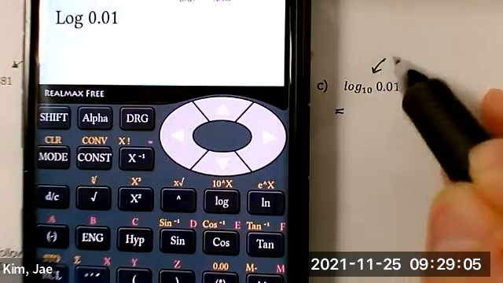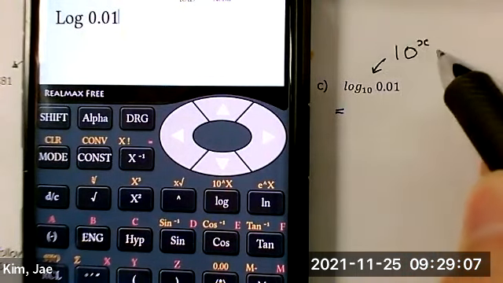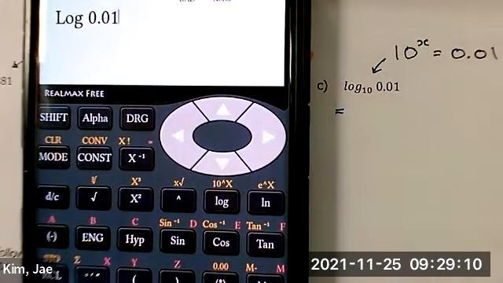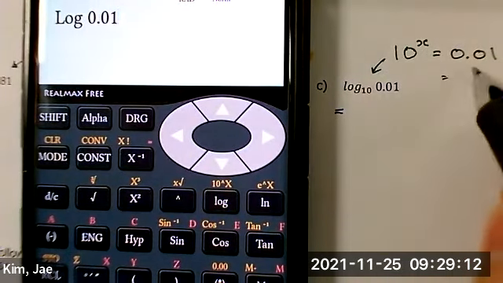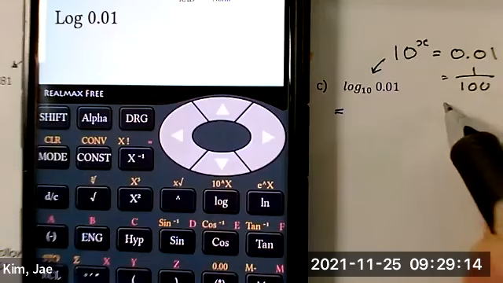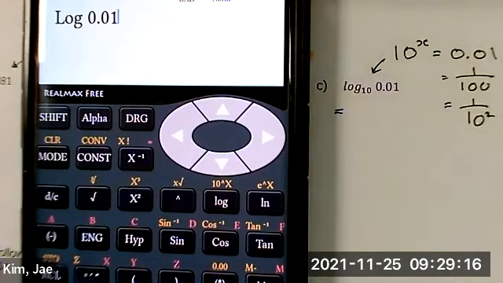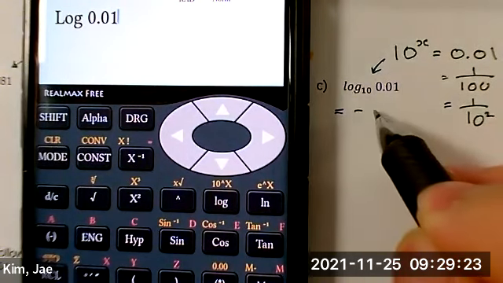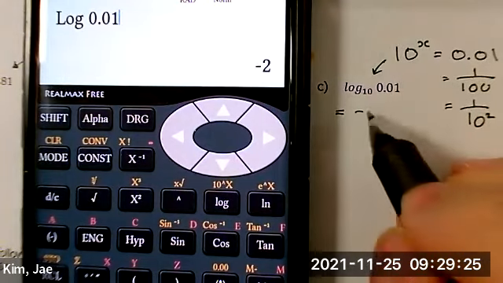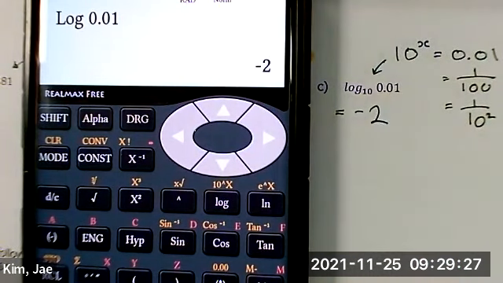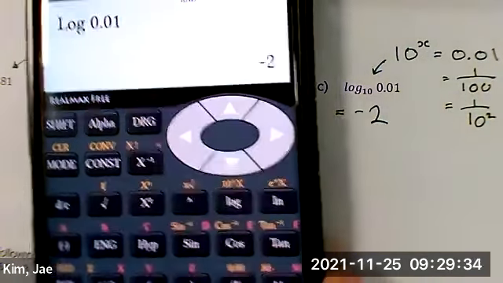If my base was 10, what exponent gives me an answer 0.01, aka 1 over 100, aka 1 over 10 squared? What's x? Negative 2. That's it. Yes, this is something that you should have learned a while back, but because of COVID, I understand.